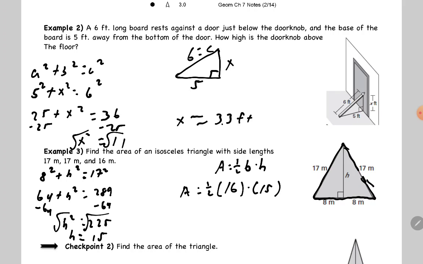So 1/2 of 16 is 8. 8 times 15 is 120, and we're using meters and talking about area, so square meters.